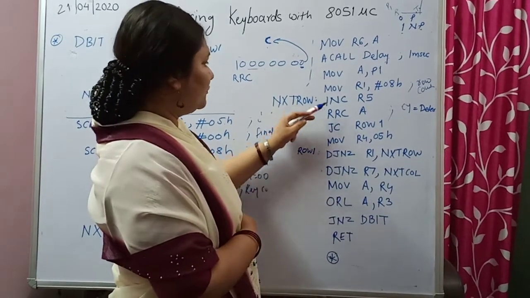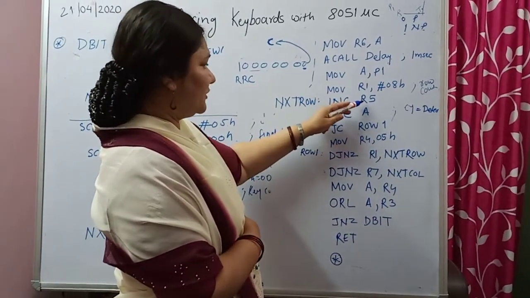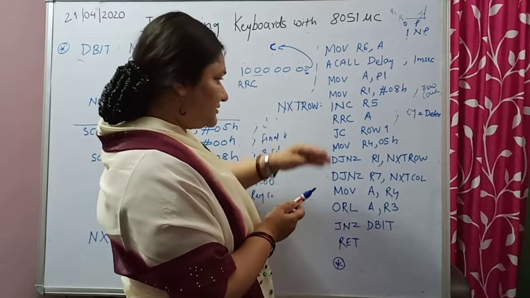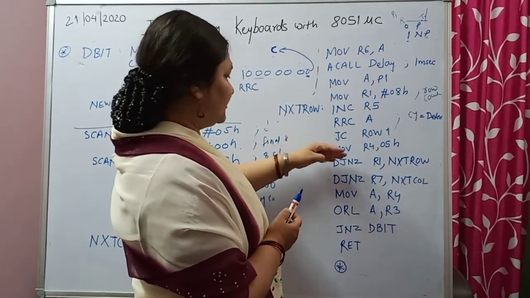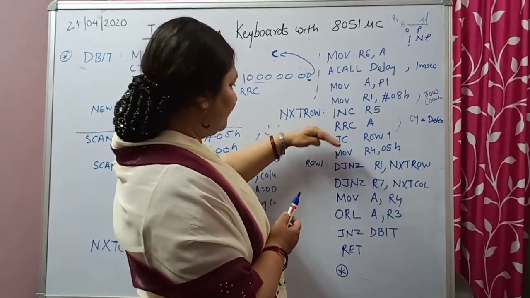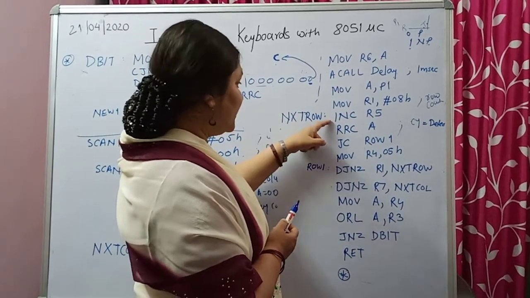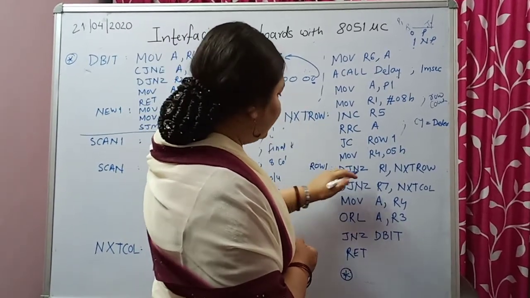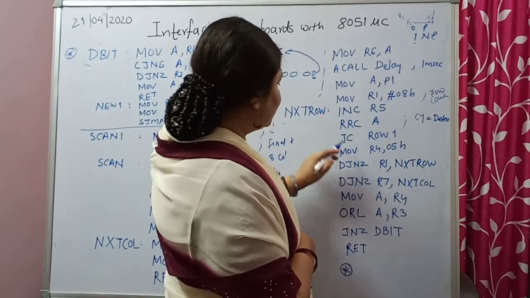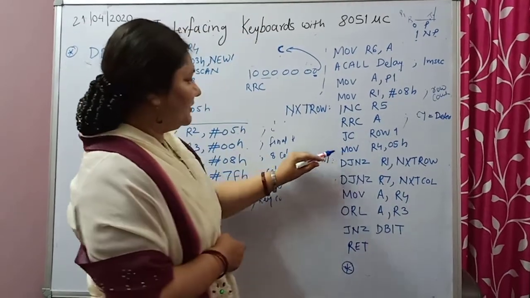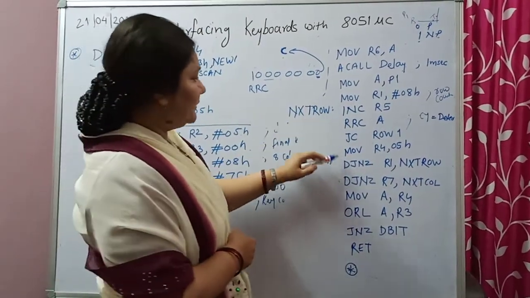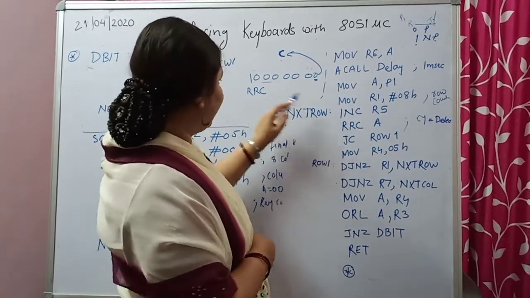So again you are incrementing the key counter by 1, because one row is detected, another row is detected, and you have to check whether all rows are checked or not. When it is not 0, that means all rows have not been checked. So again you will go over here and rotate right.